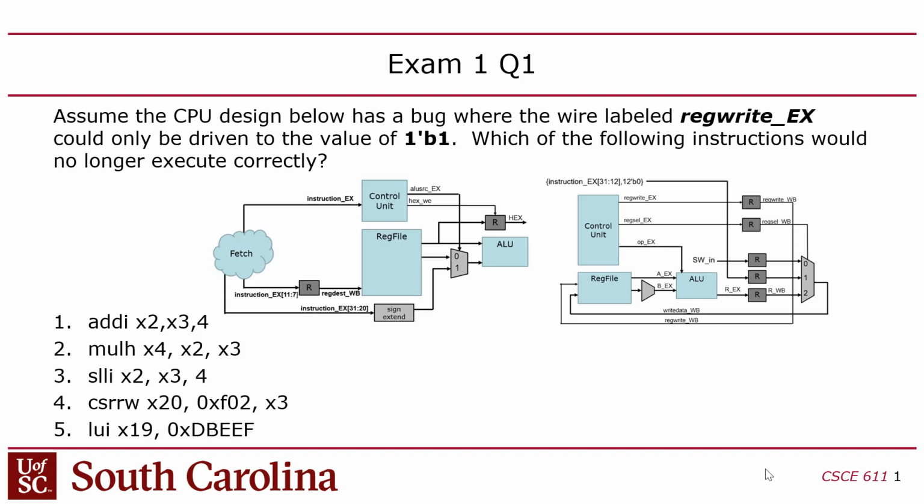The only one that doesn't is the one, not CSRW in general, but the one that writes to IO2, right? So this instruction does not write to the general purpose registers. It writes only to that IO2 out register, right? So this one, you should not have the regwrite EX 1 for this instruction.